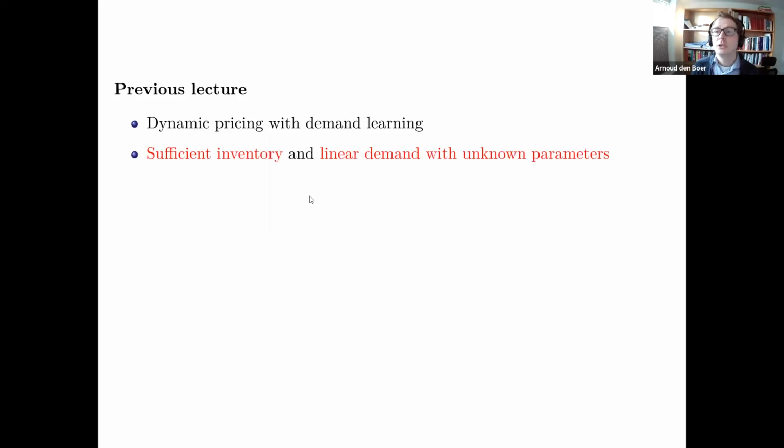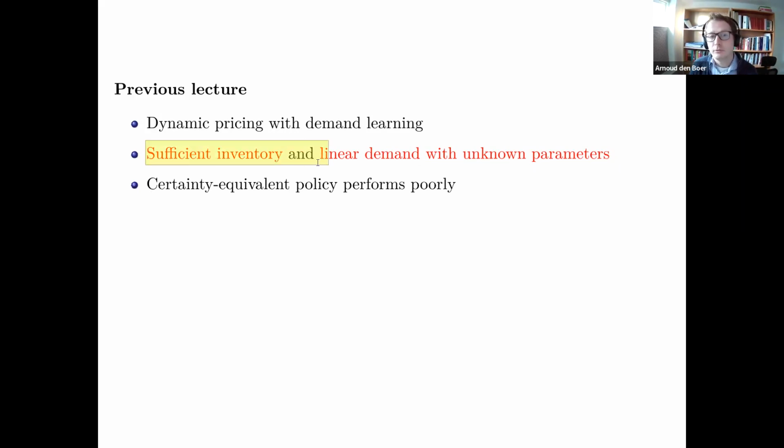Okay, brief refresh of what we did last Monday. There we considered a very simple model with pricing and learning. The goal was, in a sense, pedagogical, to introduce some notions. What is going on when you want to learn the optimal price? So we considered a setting where, for example, there are no inventory restrictions.